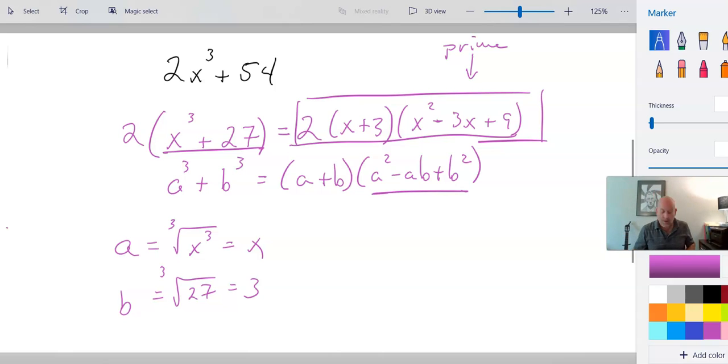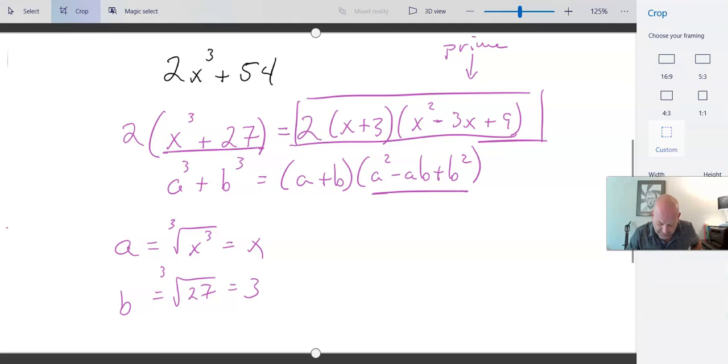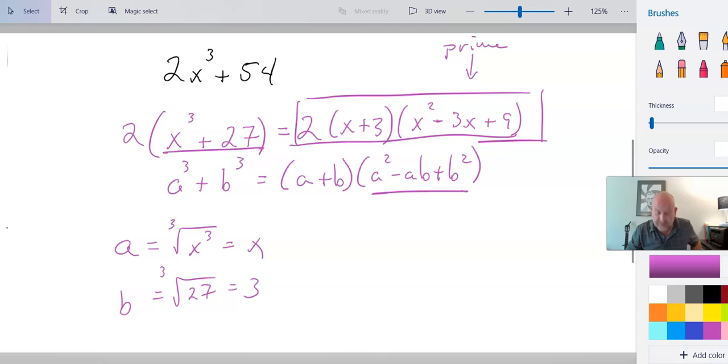Okay. Now, I do want to point out a couple of other things that might help you along the way. It is a very good idea to be familiar with your cubes.